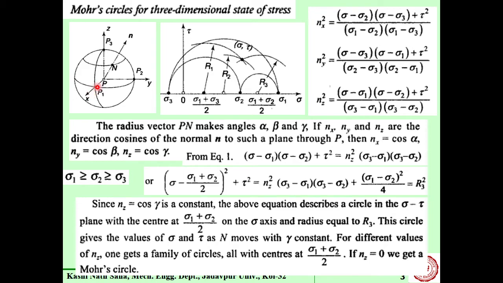These outer normal direction lines will generate cones, and if we consider a sphere here, their intersection will produce a family of circles. It is shown here. This is one, like that. So these are the circles we are getting in the Mohr circles diagram. This is clear? So that is how we are getting three families of circles here.